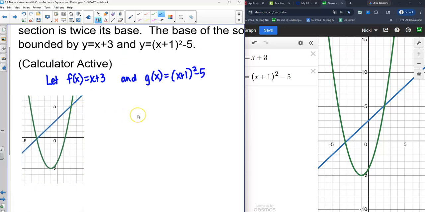Okay, so the first thing I want us to think about is what shape we have for the cross section, because it's different here. We're perpendicular to the x-axis, so it does not matter where you put it, but you're going to have a vertical slice here. This is going to be your S.